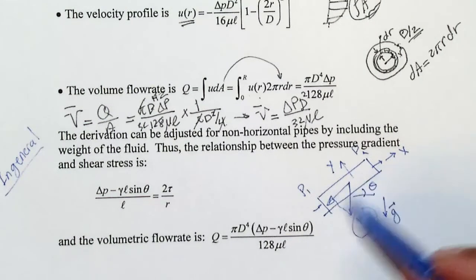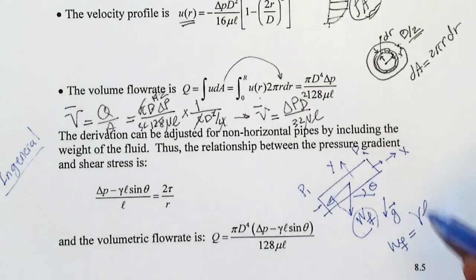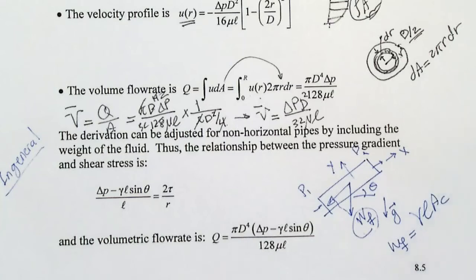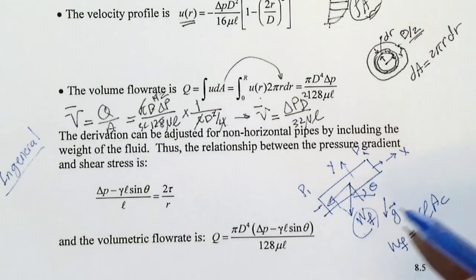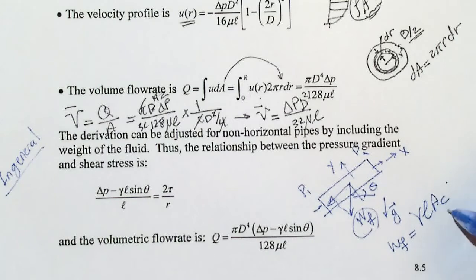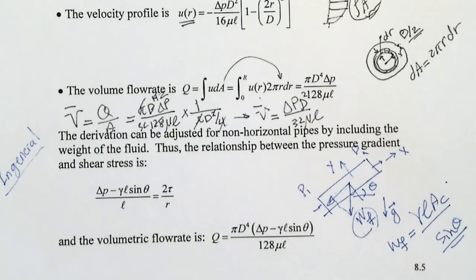If that's a fluid element, we can replace W with gamma times L times the area, A_c. This is going to be your W, right? But if that's theta, then this will be gamma L A_c times the sine of theta. That's going to be the component of force in the direction the flow passes.